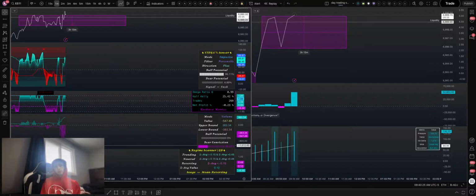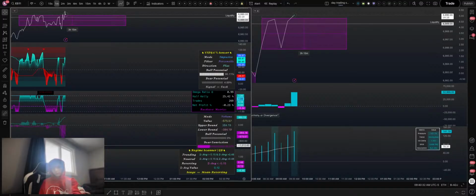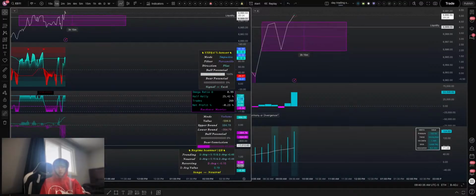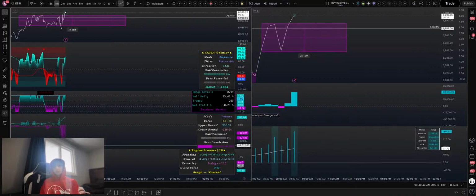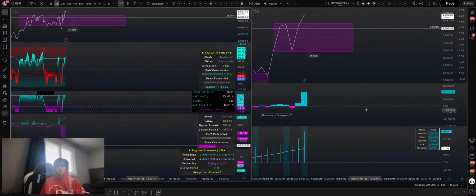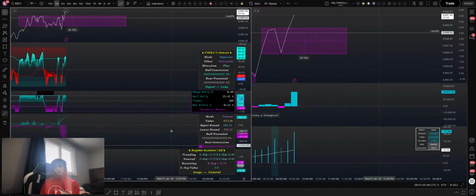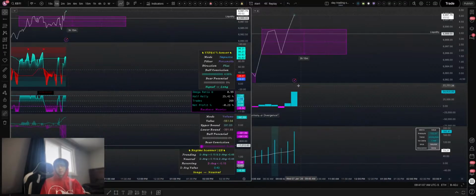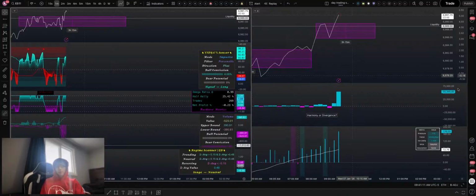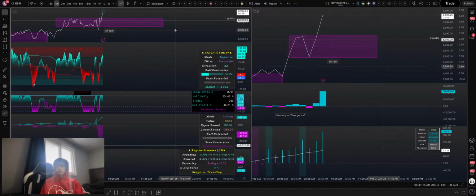System is nil. It's looking pretty bullish right now. Into 10 a.m., is it going to be bullish? Trending.